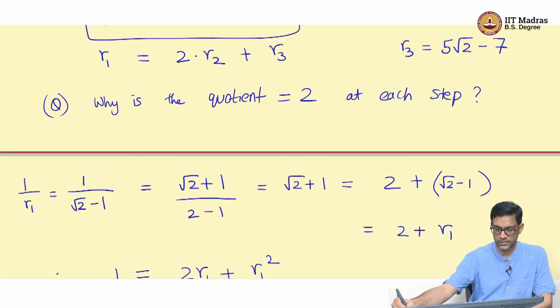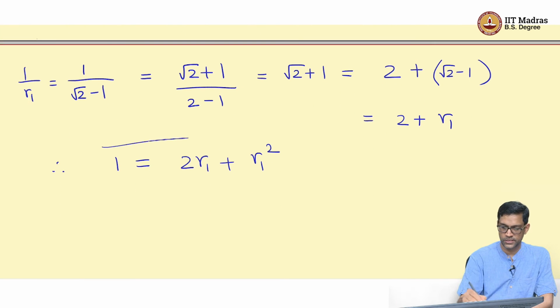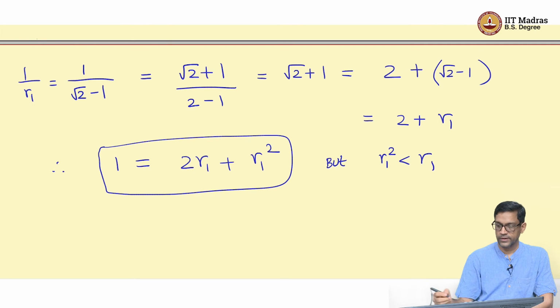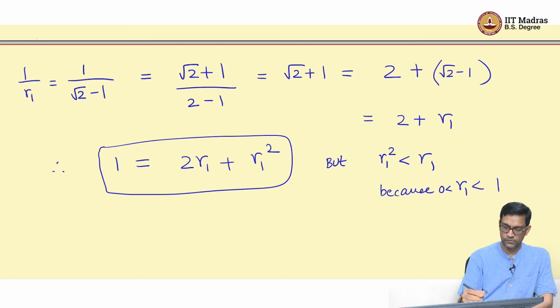What I have observed with these actual numbers is that 1 is nothing but 2 times R1 plus R1 squared, but observe R1 squared is actually smaller than R1. Why is that? Because R1 after all is a number smaller than 1. R1 is roughly 0.4, so if I square R1, I get something smaller than R1.